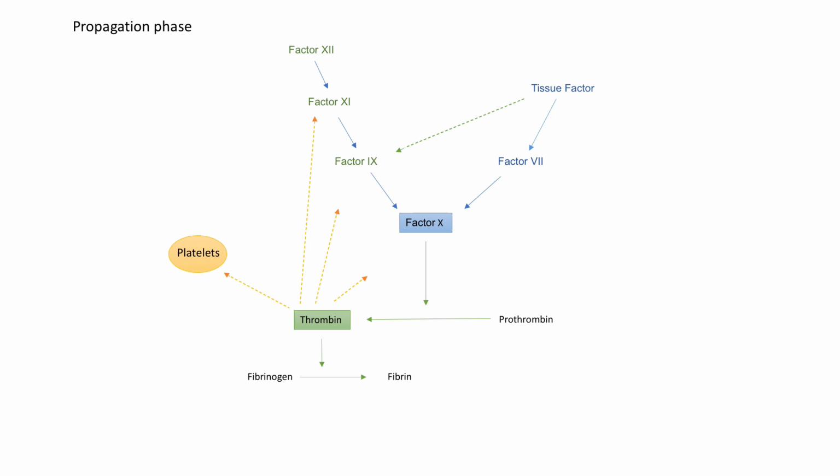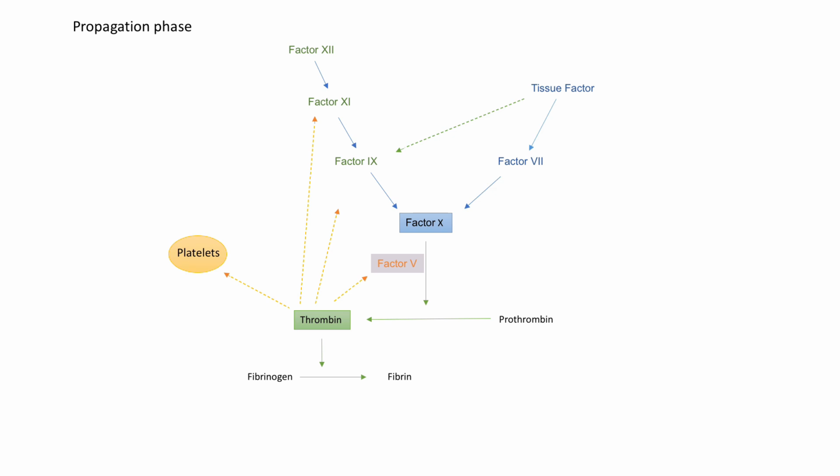Before we discuss components of the anticoagulant system, we know there are two important cofactors in the clotting cascade that are factor 5 and factor 8. These cofactors result in significant propagation of the clotting cascade.